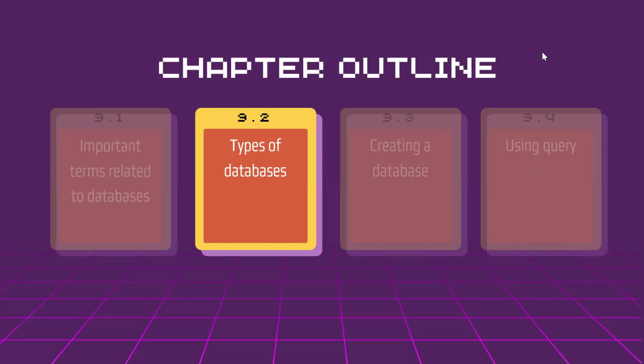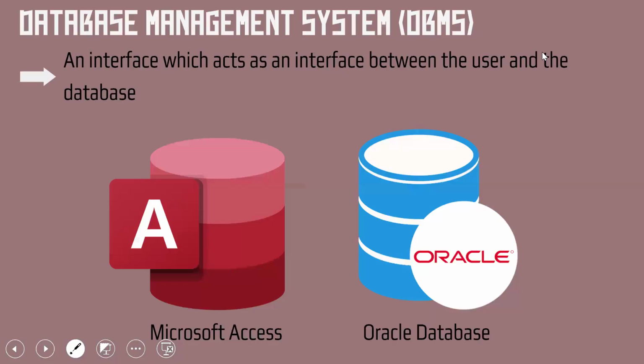Types of databases. We do have multiple types of databases. Obviously, this is an interface which acts as an interface between the user and the database. What does it mean?